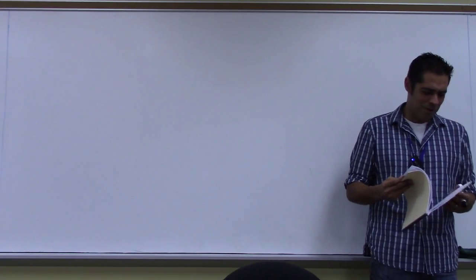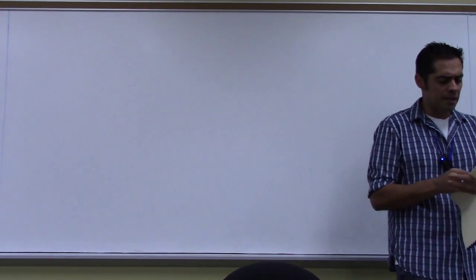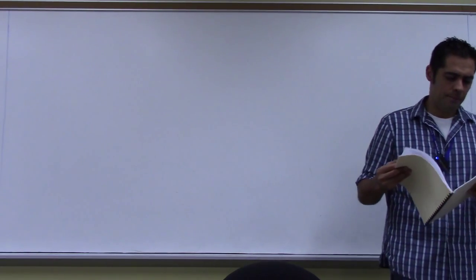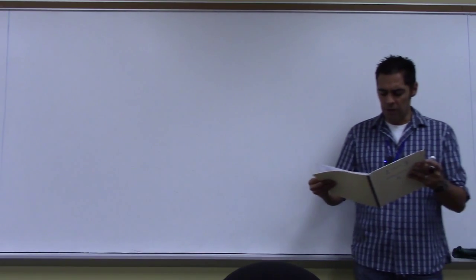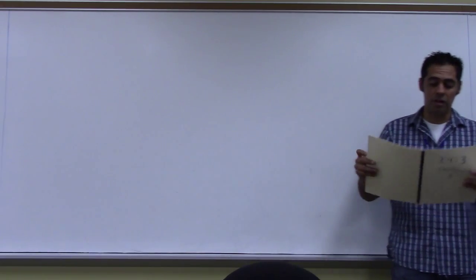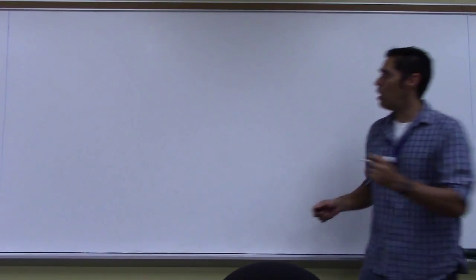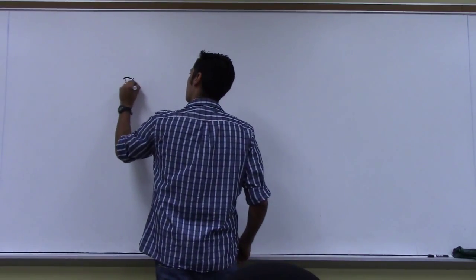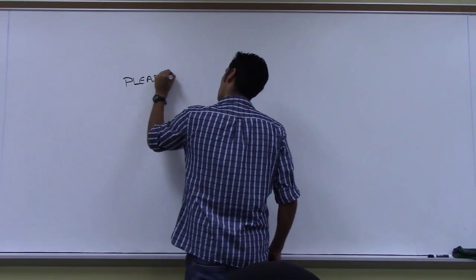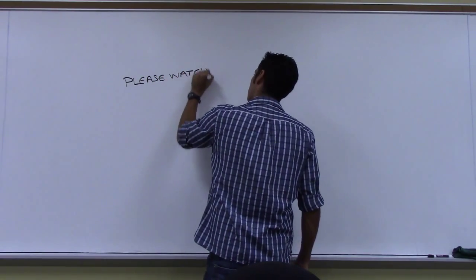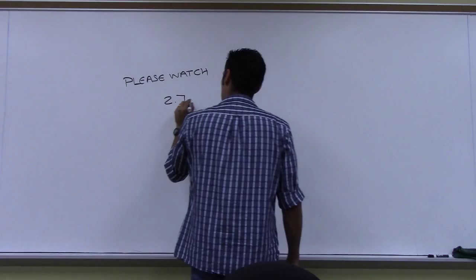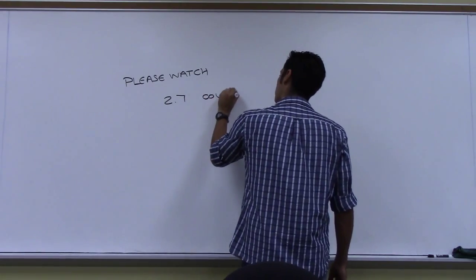Yeah, I'm in the wrong chapters. 2.7. Okay, we're pretty much done with implicit differentiation. We're going to talk about related rates now. So please watch the section on 2.7 course video.